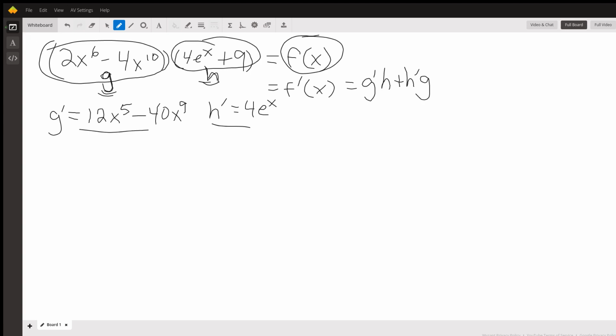Now the formula: f prime of x, the derivative of f of x, equals g prime times h.